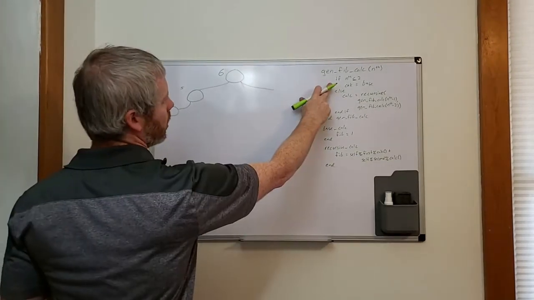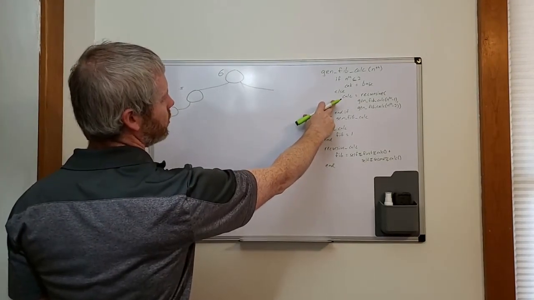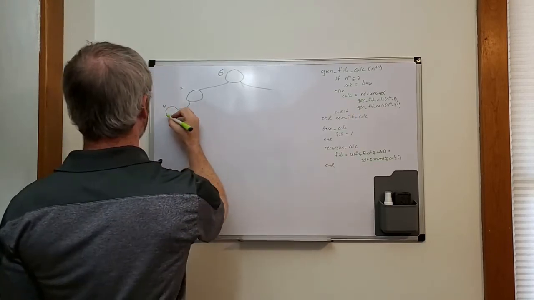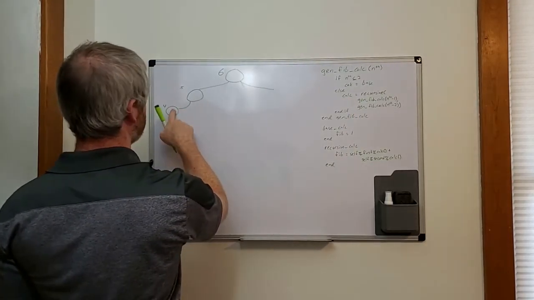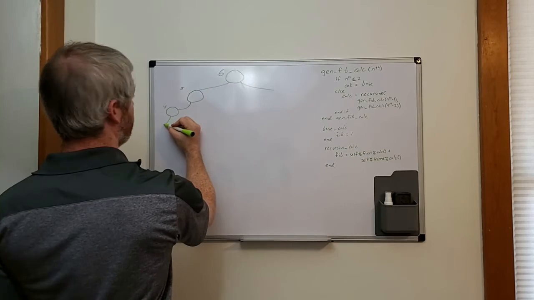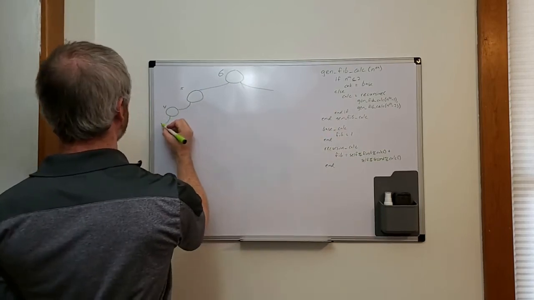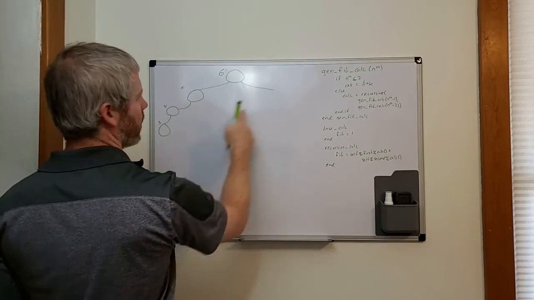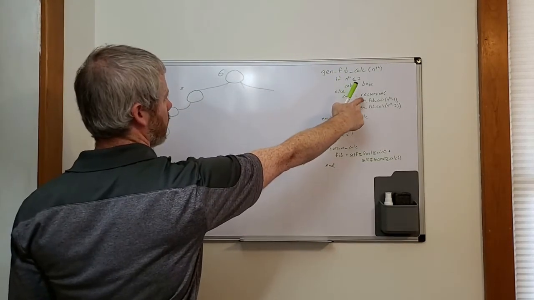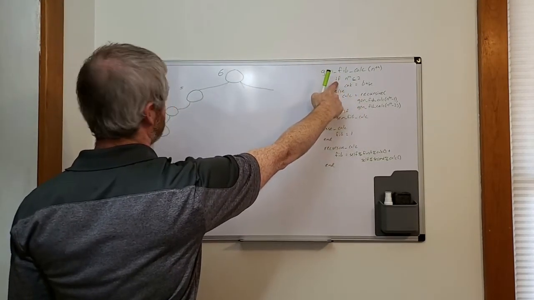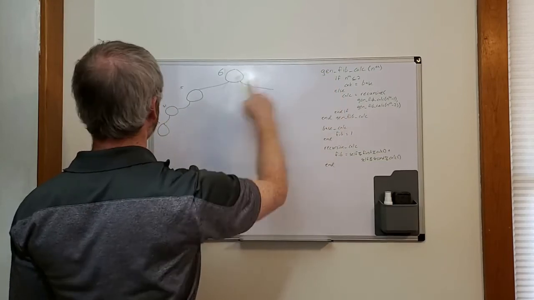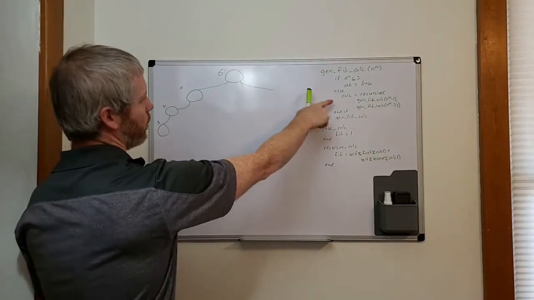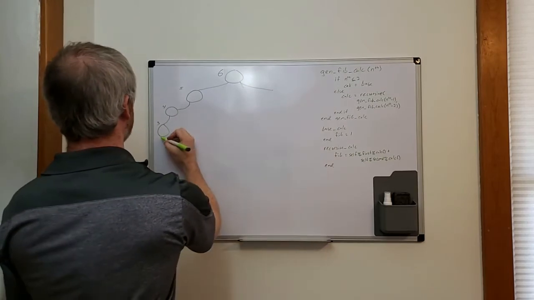So 4 is still not less than or equal to 2, so we need another recursive one, with n minus 1 being 3 over here. 3 is still not less than or equal to 2, so we're going to the recursive side again, and this time with 2.